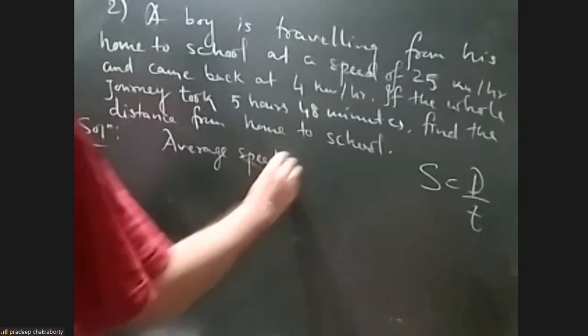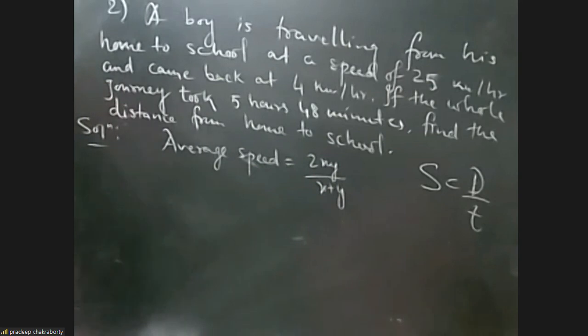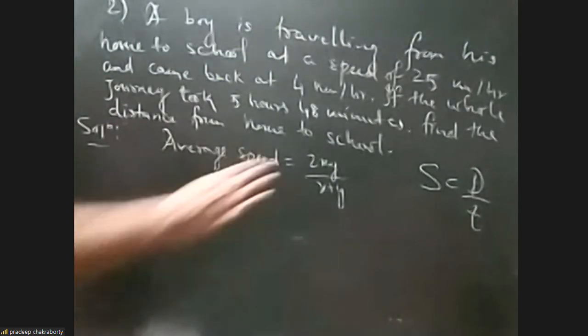So in the solution, first we write the average speed. The formula is 2xy upon x plus y. It should not be x plus y by 2. Generally by average we mean the middle point, but it's not like that here. The formula is 2xy upon x plus y. One speed is 25, another is 4.